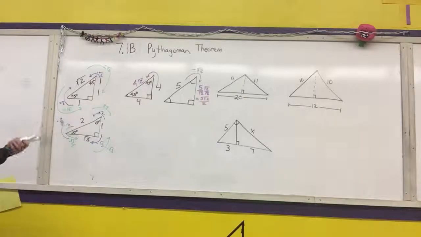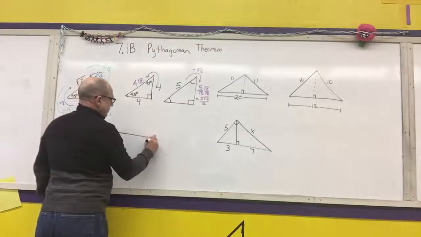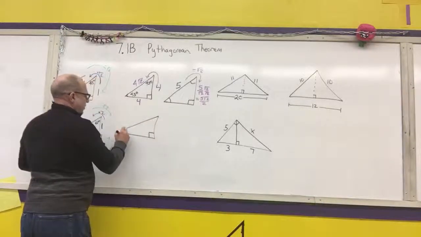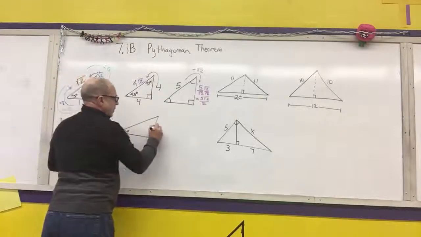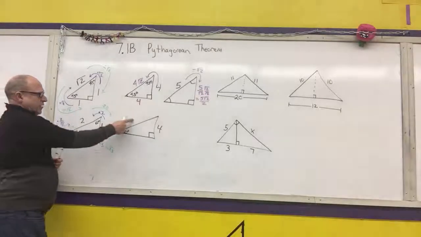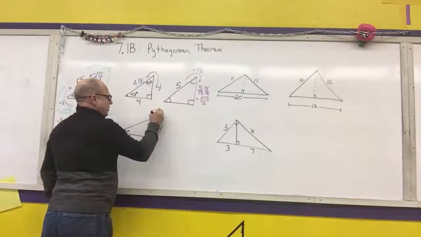Let's do some examples with the 30, 60, 90 triangle. If I give you the short side of a 30, 60, 90 triangle, for example, 4, to get to the hypotenuse, I am going to multiply by 2.